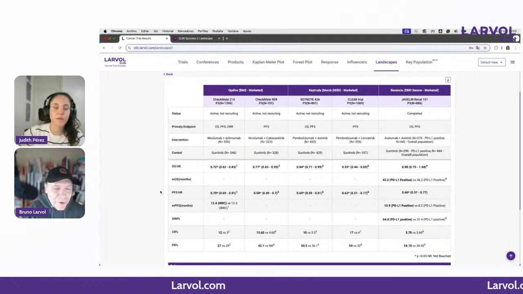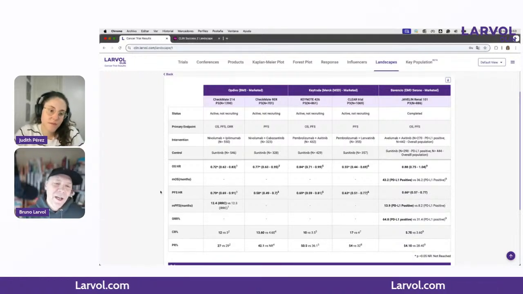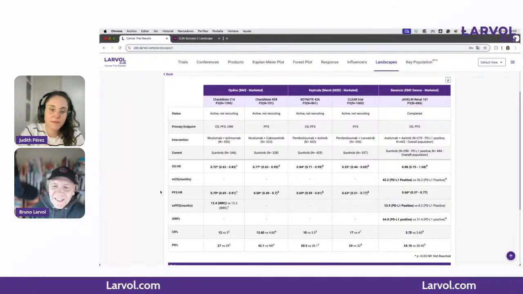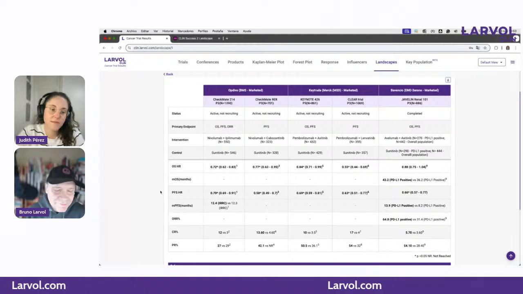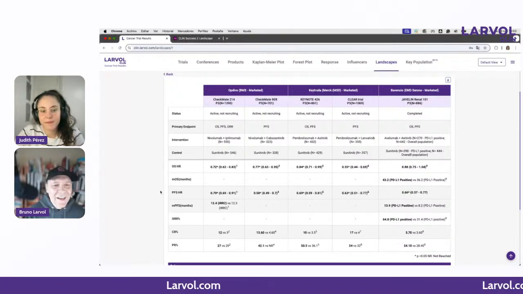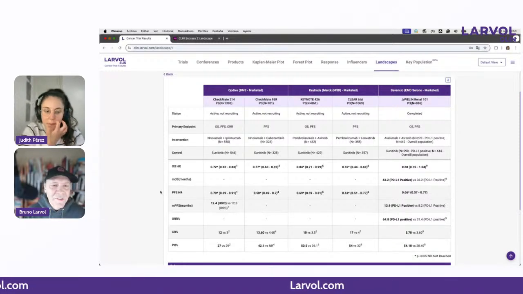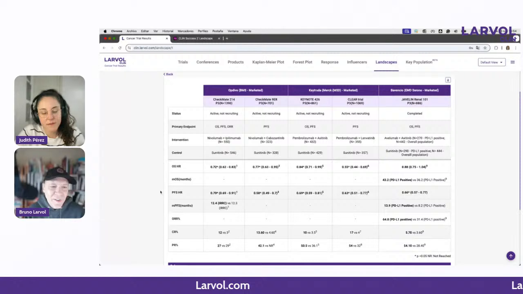And then we have a third type that our customers often like to see, and we typically call it regimen to watch. These are not standard of care yet. They're regimens that might or might not become standard of care, but there is one study, sometimes several, that is practice informing.